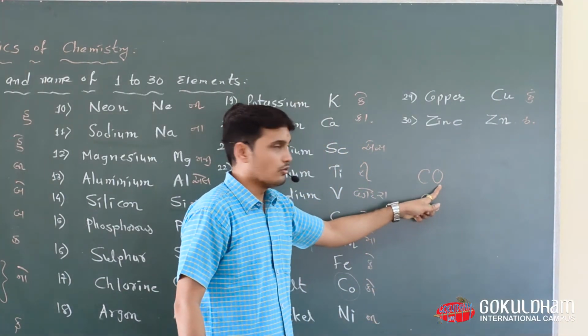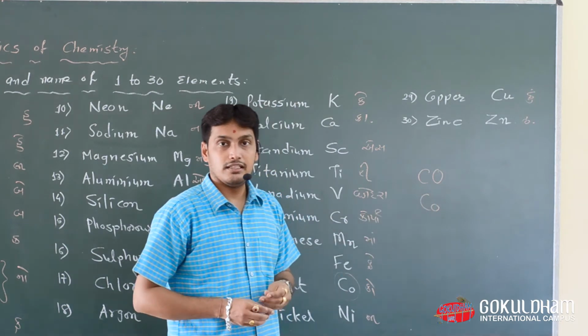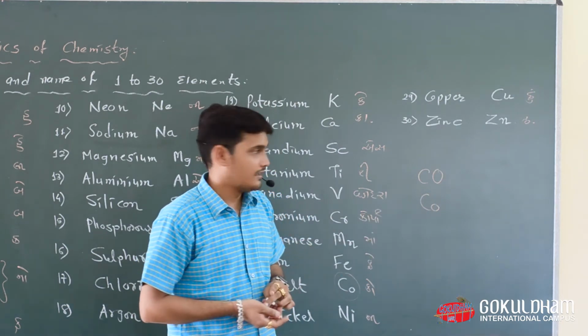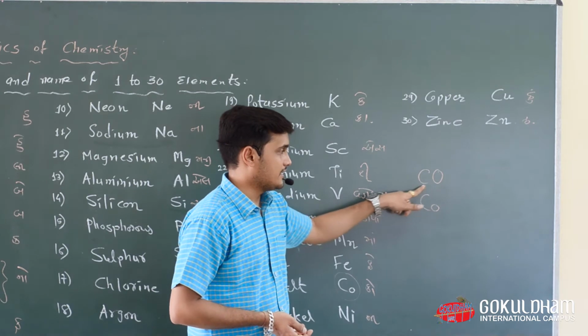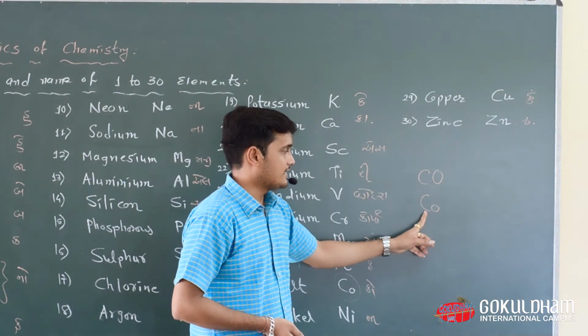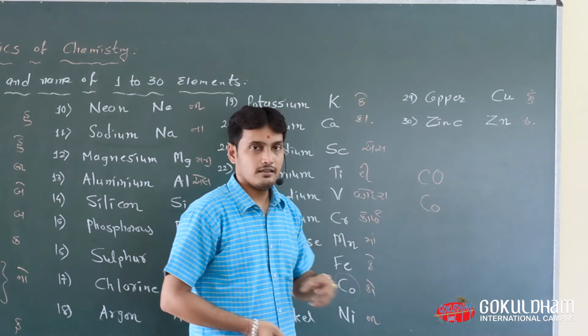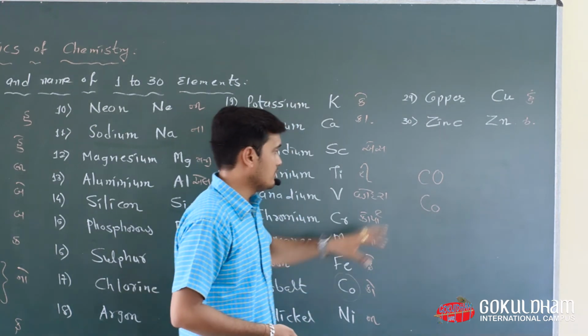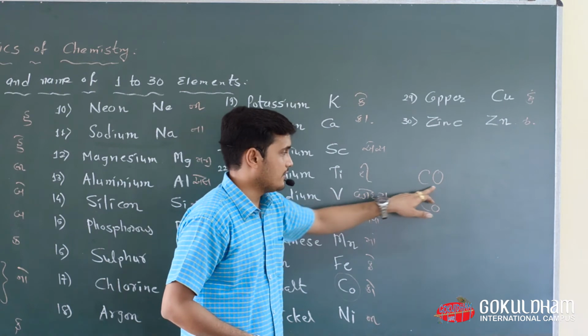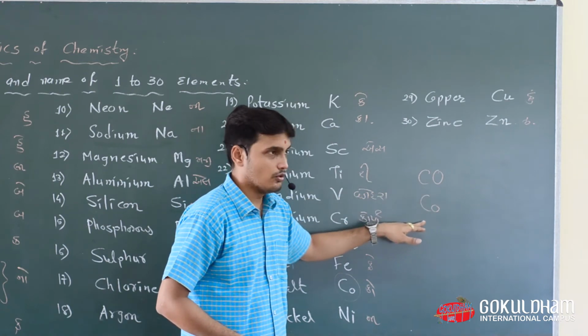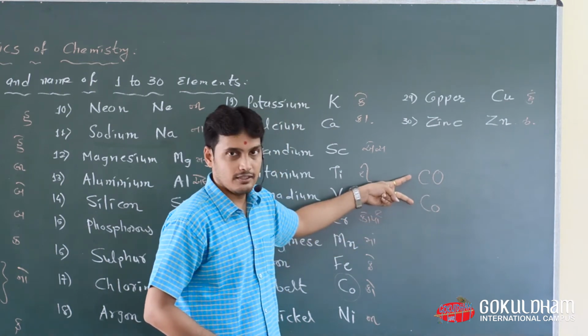Capital C, capital O. That means that is carbon monoxide. This is a gaseous category. And C capital and O small, this is in a metal category. So, same thing, C and O, C and O, but the cases are different.